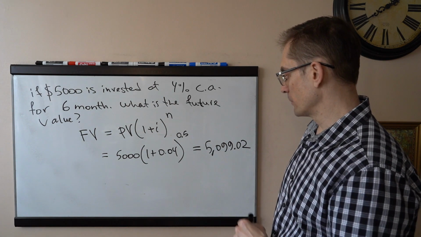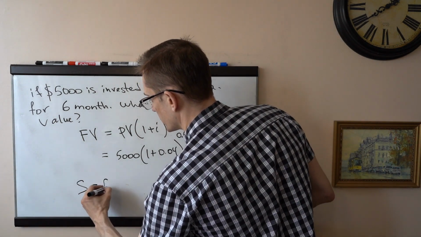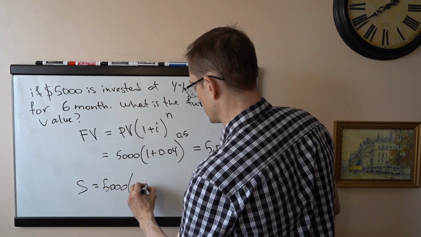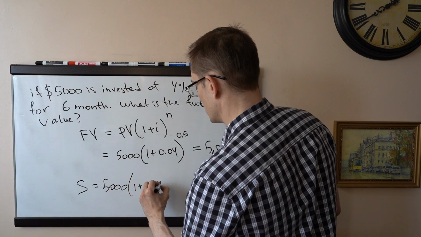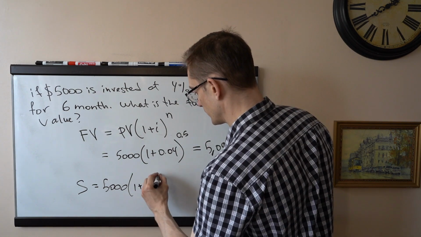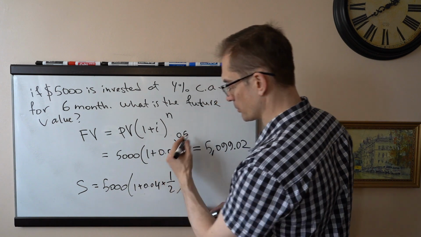Okay? So, for example, if you find this using a simple interest formula, it would be 5,000 times (1 plus 0.04 times 1 over 2, or 0.5 is the same).